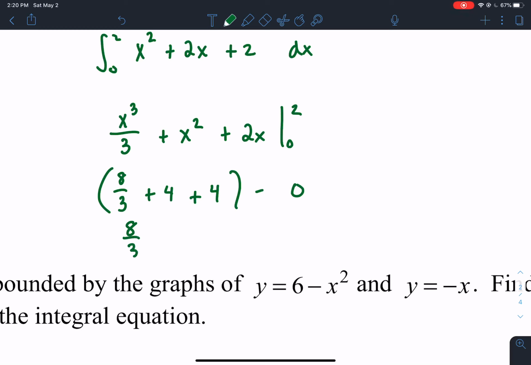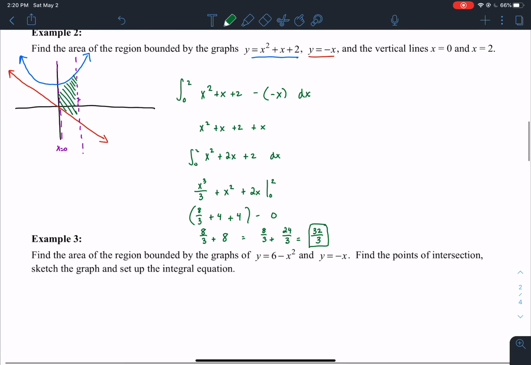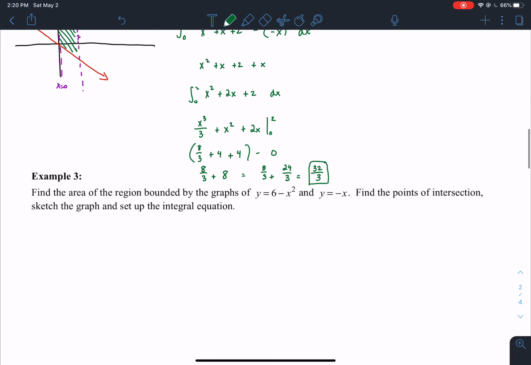So this would be 8/3 plus 8, which is really 8/3 plus 24/3, which is then 32 over 3. So again, we're just doing top minus the bottom.